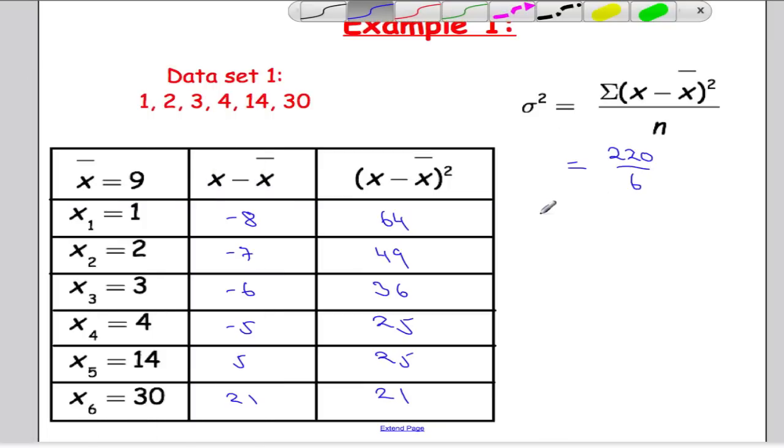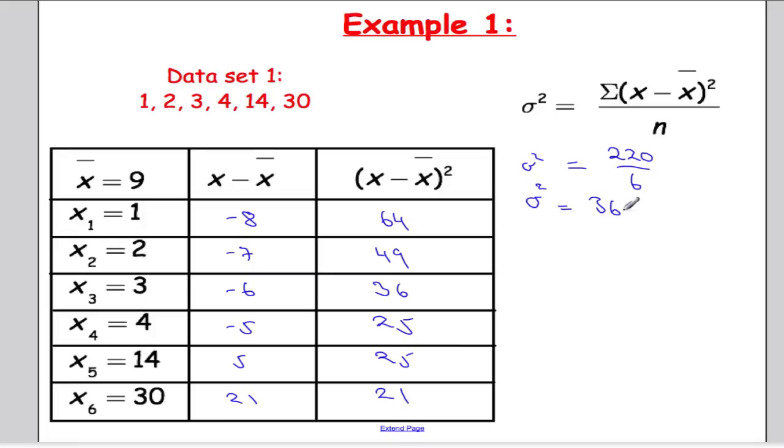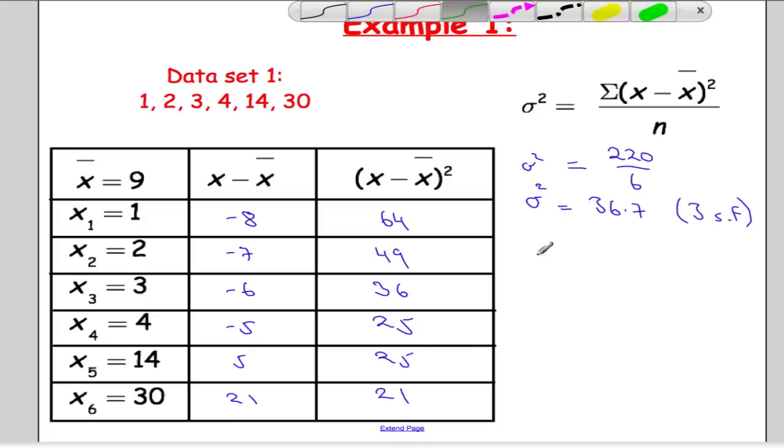So the variance, sigma squared, equals 36.7, and that was to 3 significant figures. Now that we have the variance, we can very quickly work out the standard deviation by just taking the square root of this.